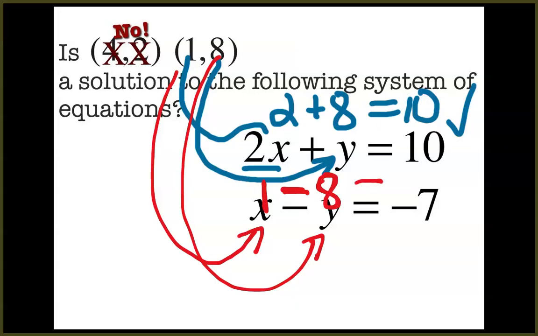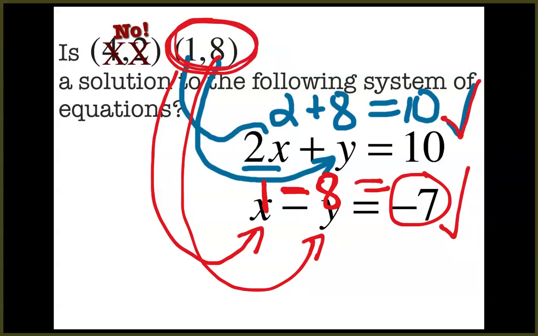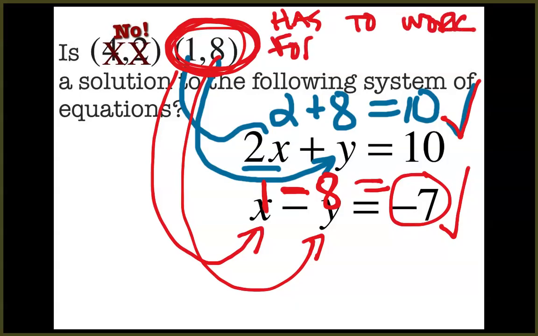What's 1 minus 8? Negative 7. That works and that works. So is 1 comma 8 a solution? Yes, it is, because the solution has to work for both equations.